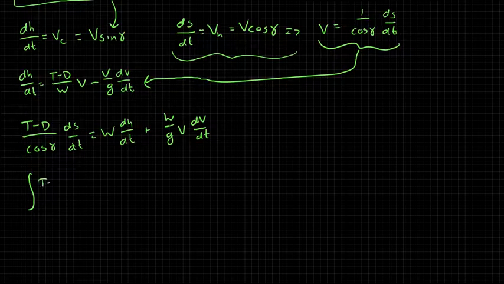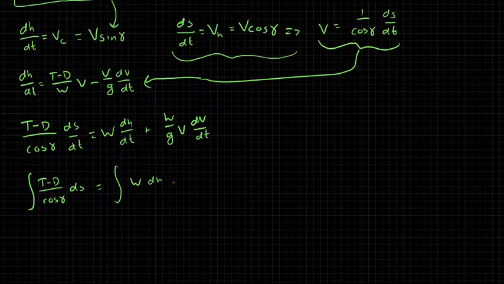So we get the integral of (T minus D) divided by cos gamma ds equals the integral of W dh plus the integral of W over g times V dV.